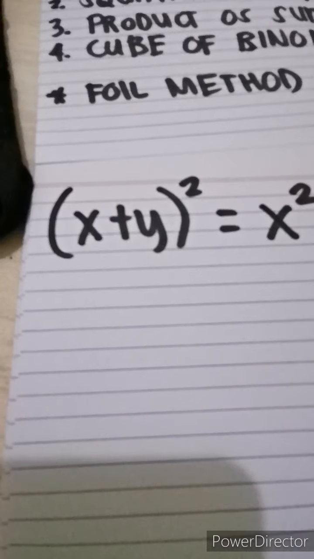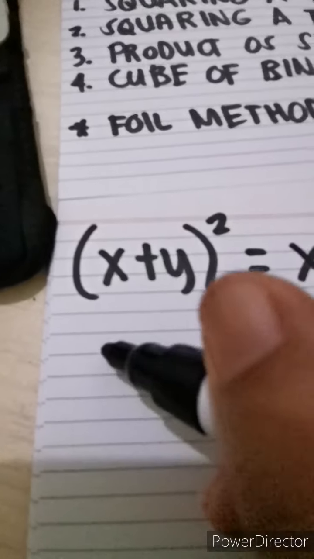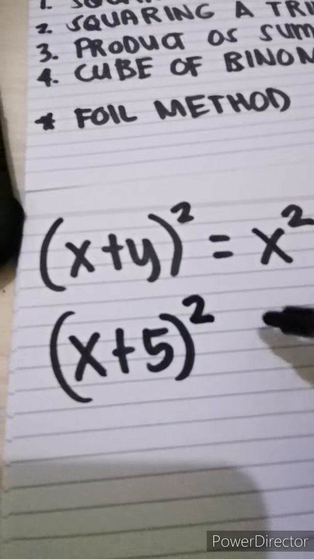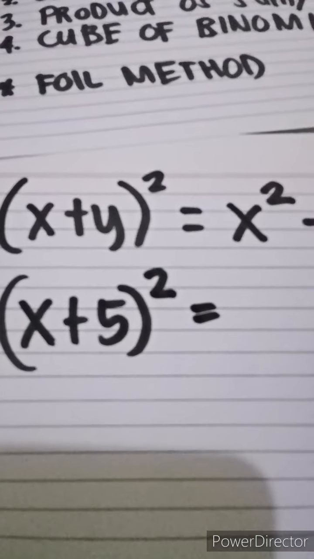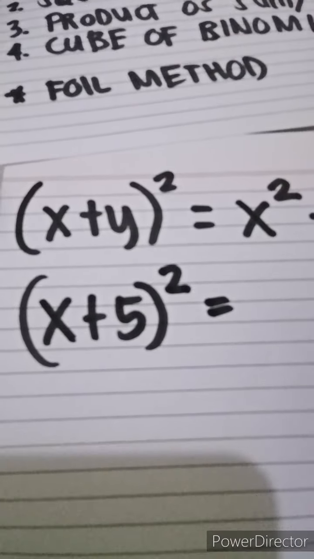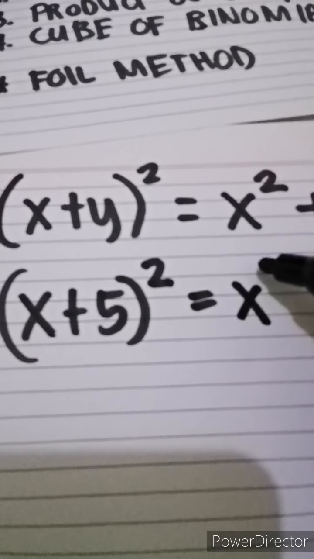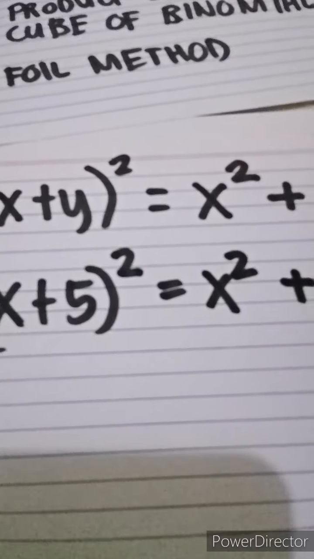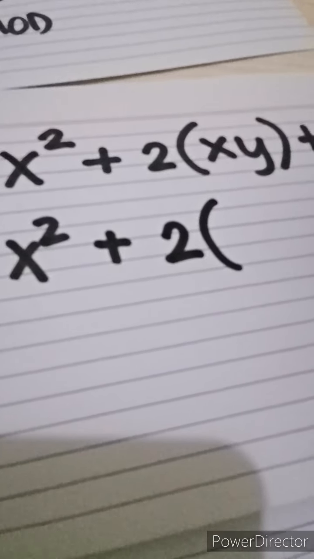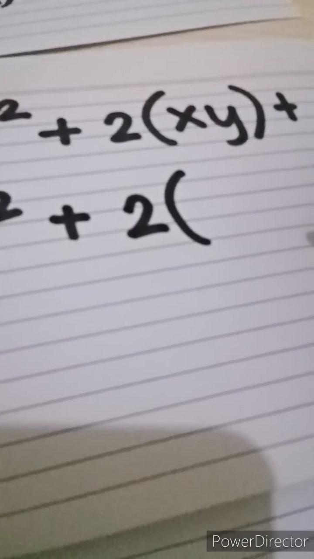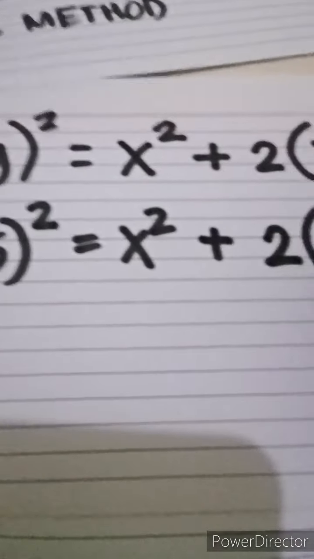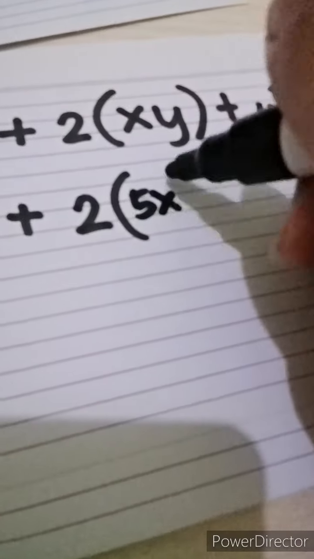Okay, so let us try binomials with numbers. For example, we have (x plus 5) quantity squared. First, square the first term: the square of x is x squared. Next, 2 times the product of the two terms. The first term and second term give us x times 5, so we have 5x.